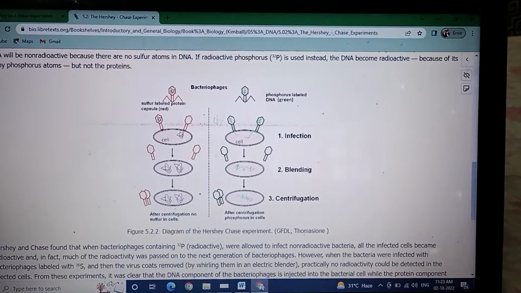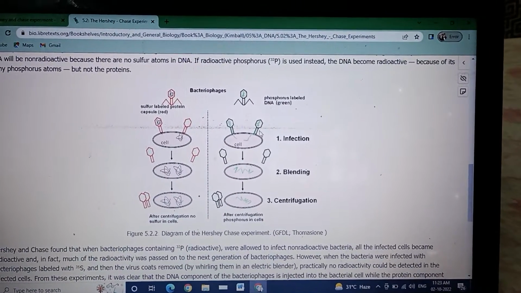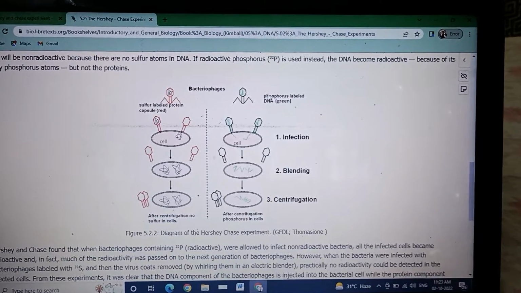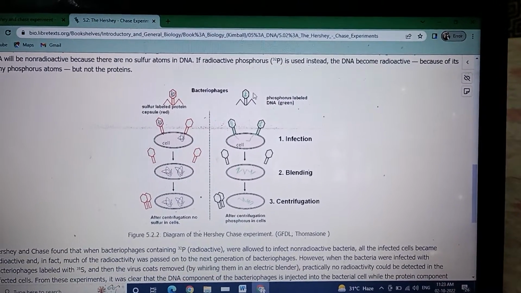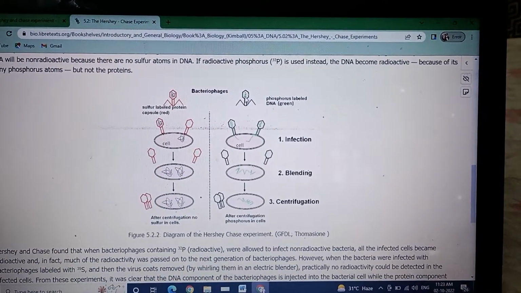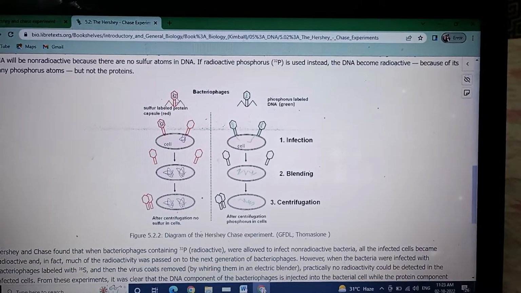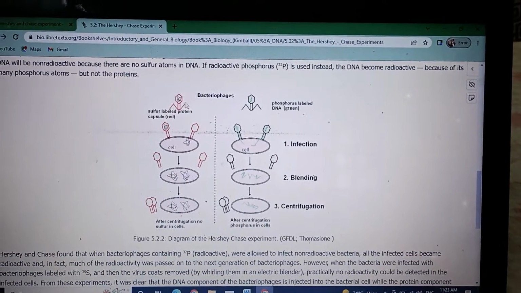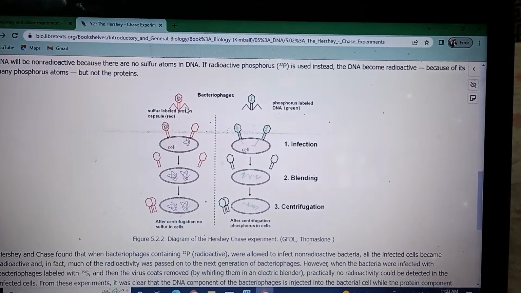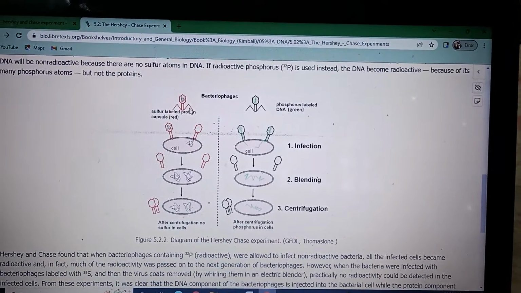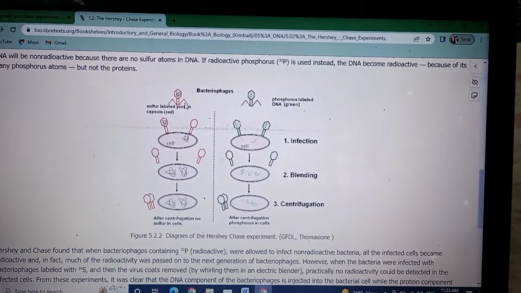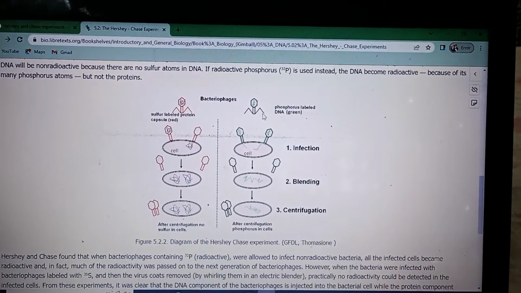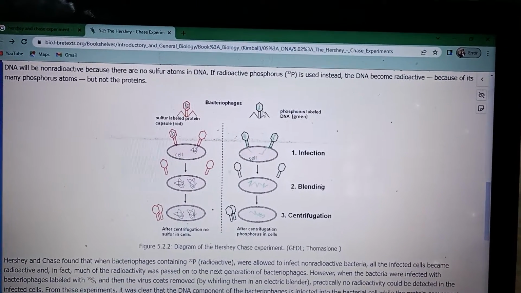This is the whole mechanism. So in this experiment, the DNA is labeled with phosphorus, and the protein coat is labeled with sulfur. So what is the reason? Why is the protein only labeled with sulfur, and why is the DNA labeled with phosphate?